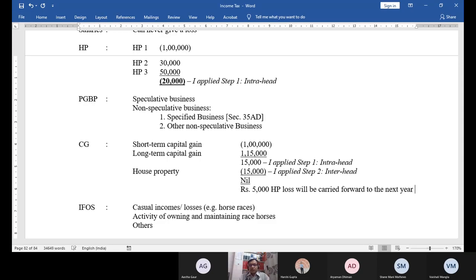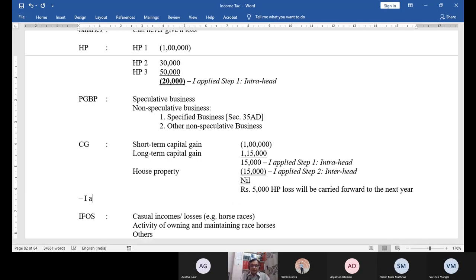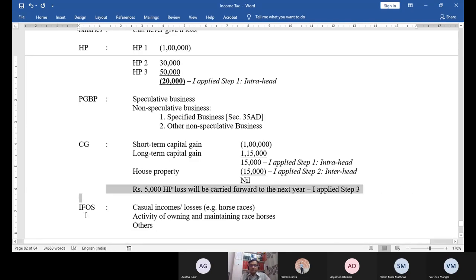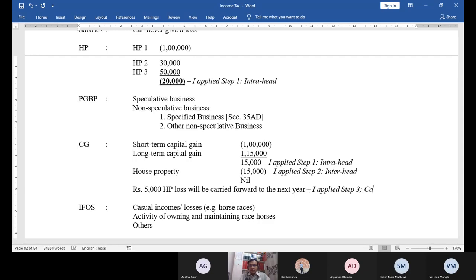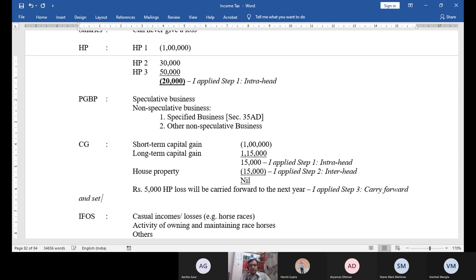And when I write this line, do you know what I did? I applied step 3, which is what? Carry forward and set off.